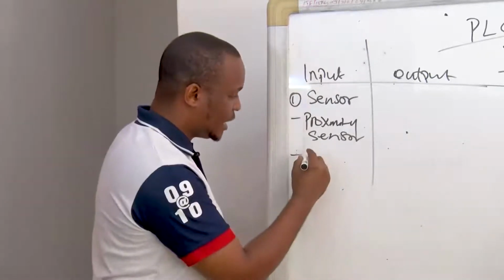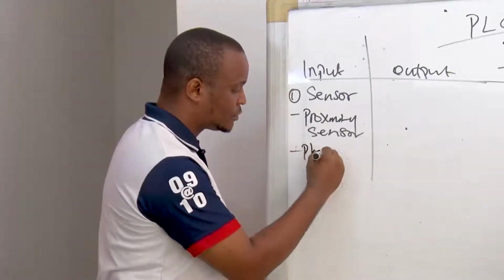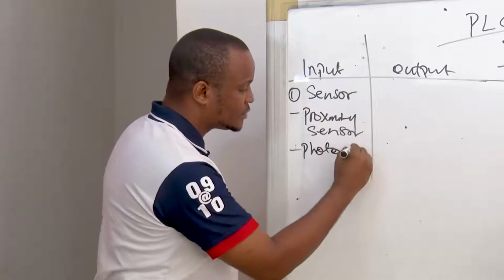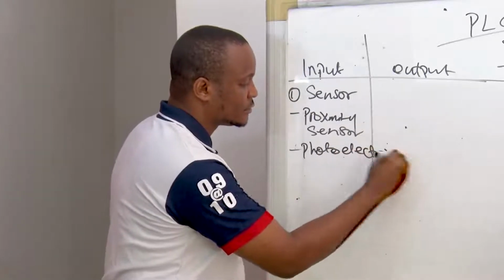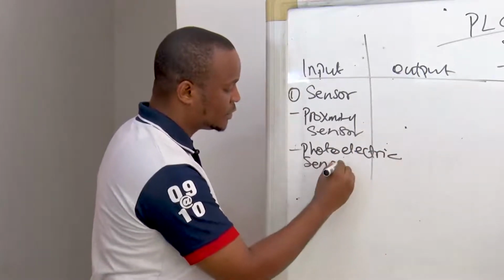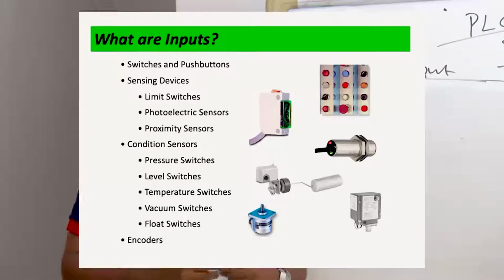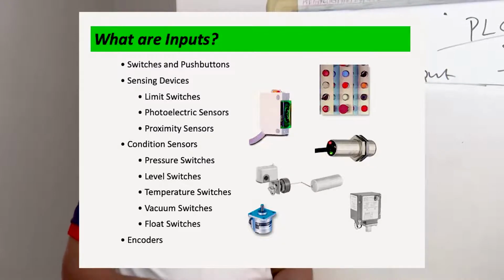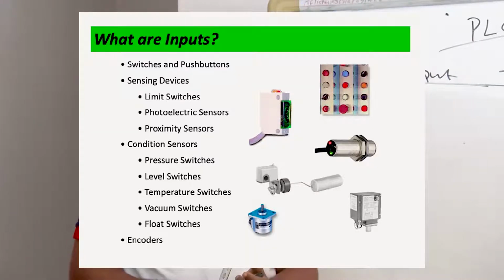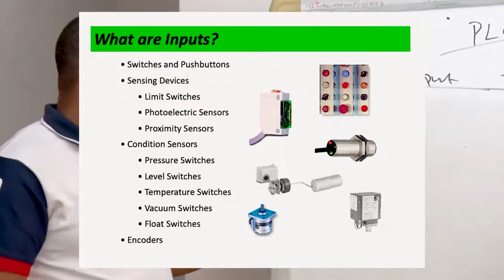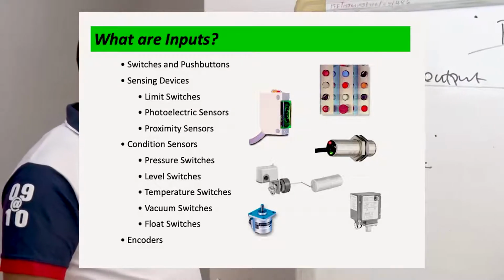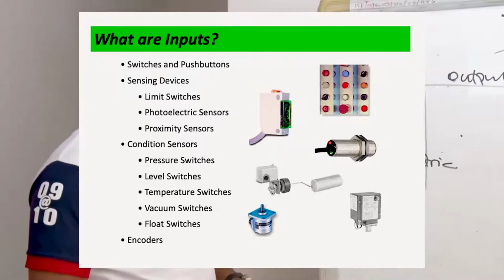We have photoelectric sensors. Like the word implies, photo has to do with light. So it could be an infrared sensor, something that will send and then also have a reflector that can receive. So there are a lot of sensors in the market. All sensors basically fall under the input devices.